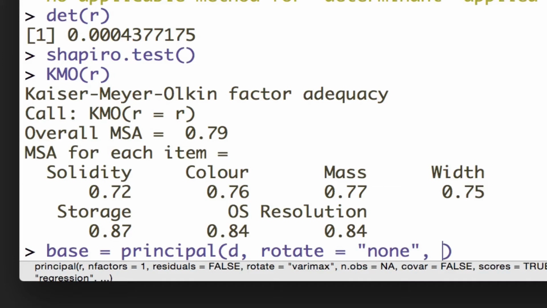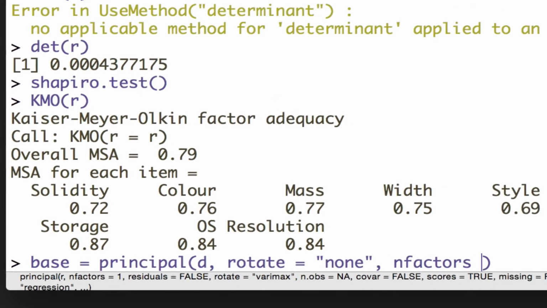Sorry, this is why we need a base model, because first of all we need to extract a component for every question, and then just decide based on that what we're going to reduce it down to. So I'm going to say there's 10 questions in this case, so we're going to say nfactors equals 10.